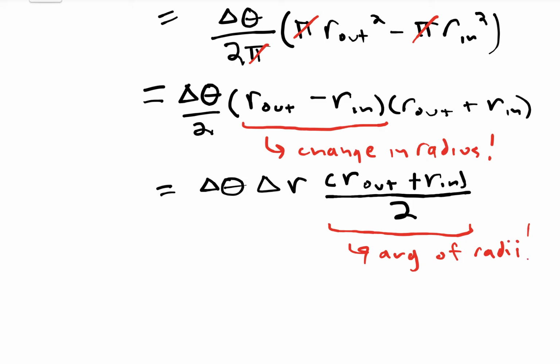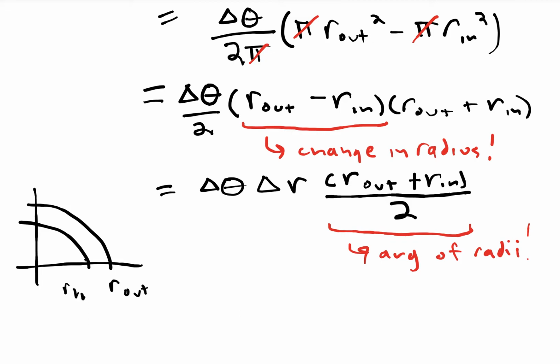Now, it's been a while since I've drawn the picture, so just for reference again, here's kind of what I'm looking at. Here's my r out, and here is my r in, right here and right here. And this sector that I was trying to find was the area of this thing right in the middle.